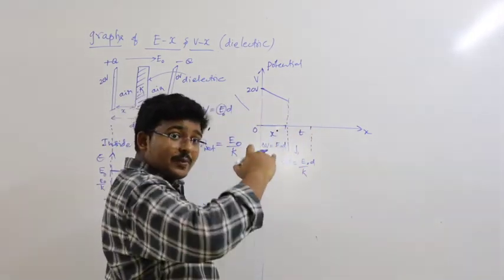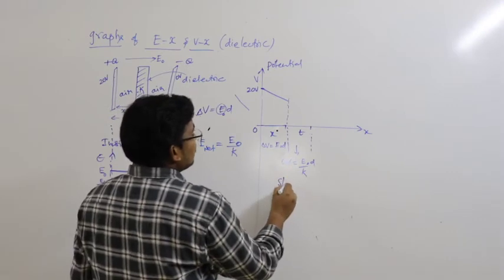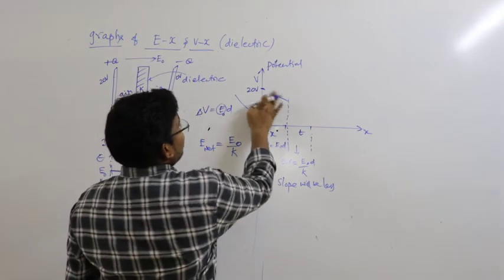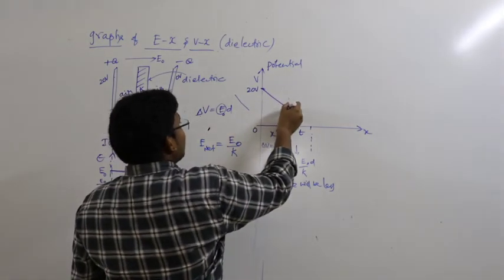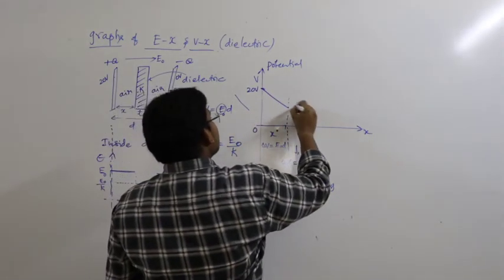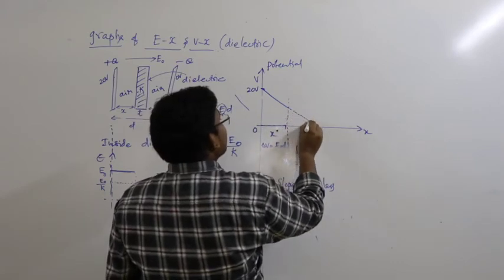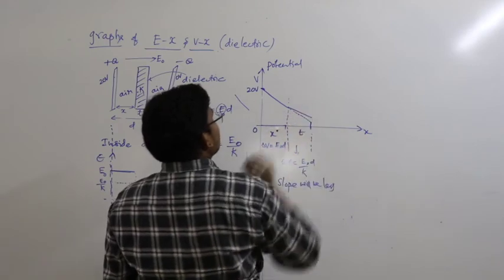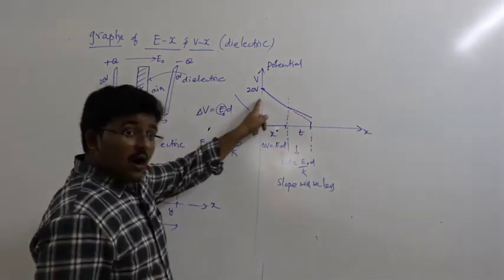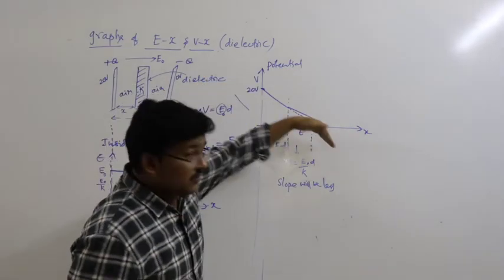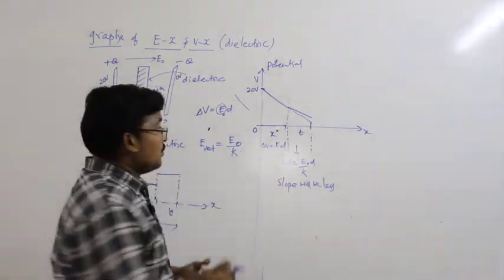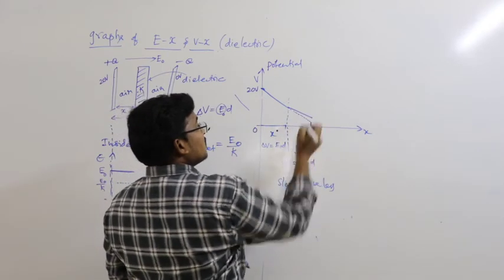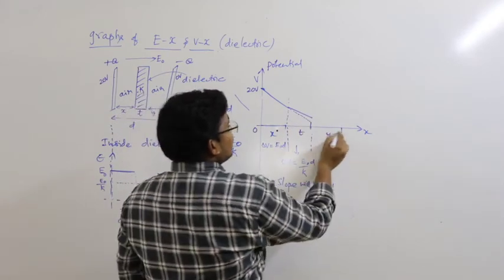So the slope will be less, so it cannot change that fast, it can change up to like this. If the entire thing were air, it would change in the same manner, but it is a medium, so it cannot change like this, it can change like this. And after this the distance is y.